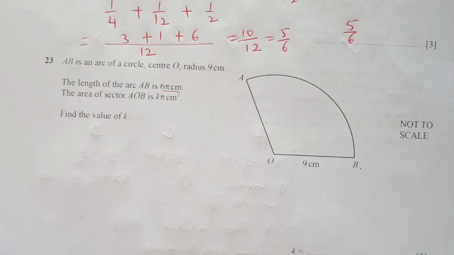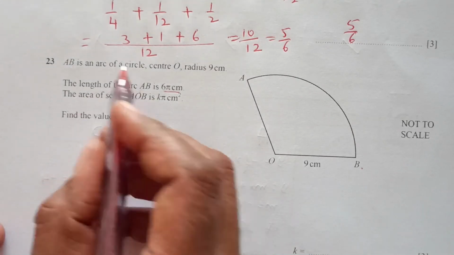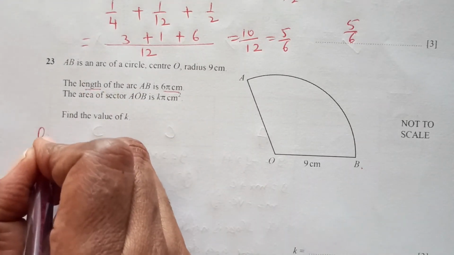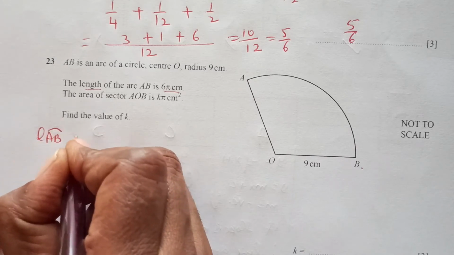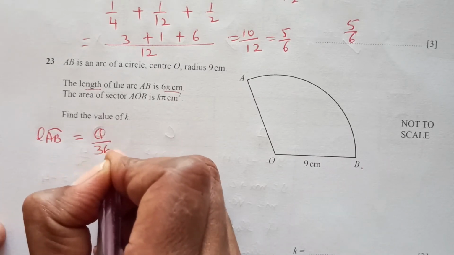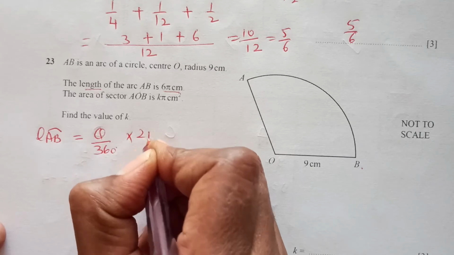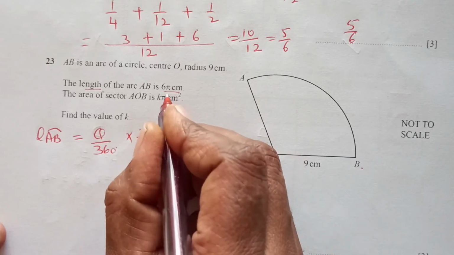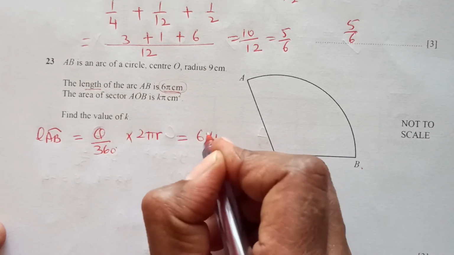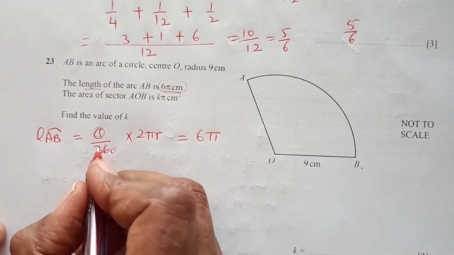Okay, so let's start. We are given the length of arc. Length of arc AB is theta over 360 times 2 pi r, and this is given to us as 6 pi. Theta we do not know.